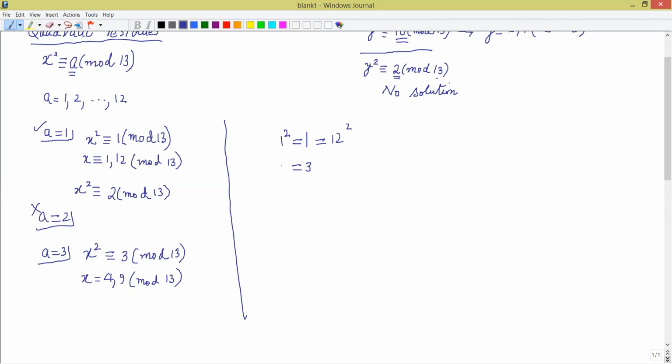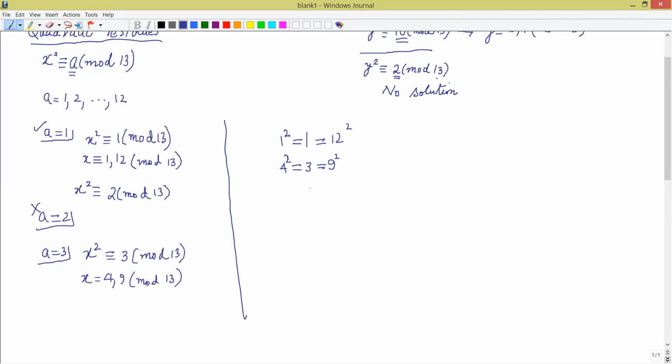So 4 square or 9 square is a solution. 4 or 9 is a solution because 4 square is 3 and 9 square is also 3.